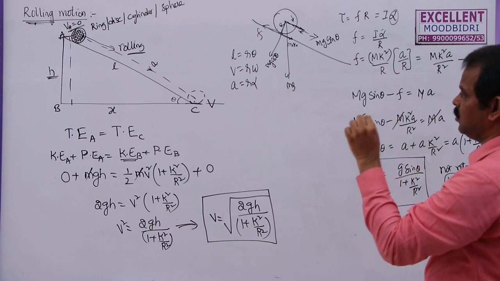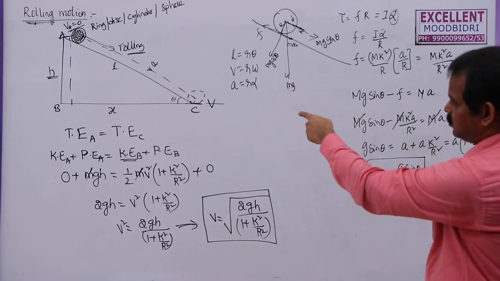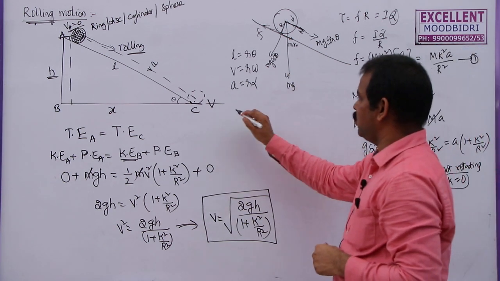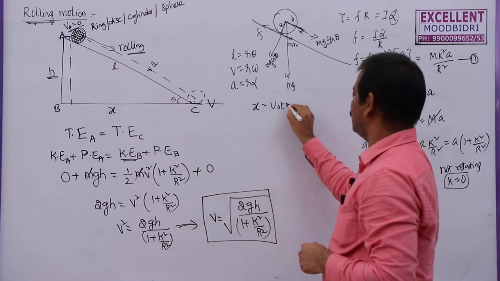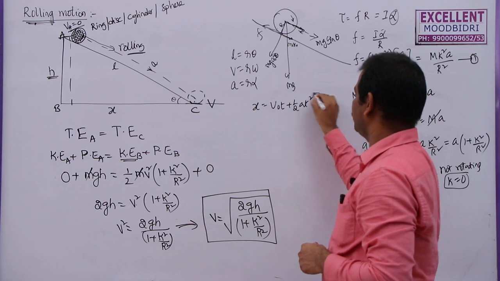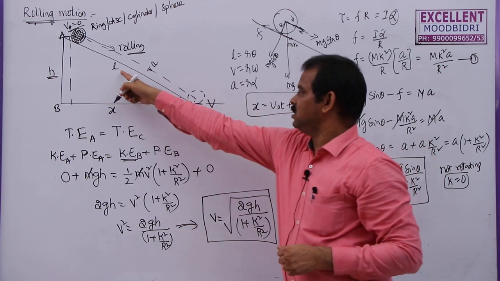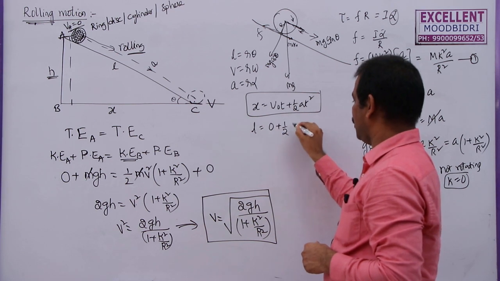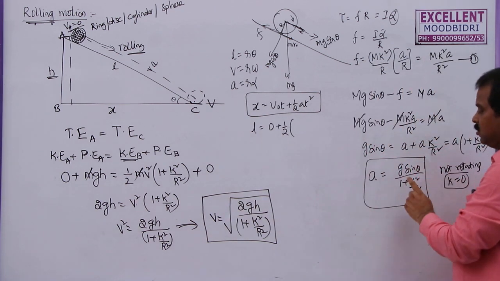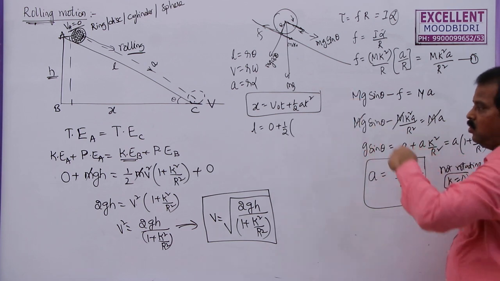Similarly, how much time will it take for this body to reach the bottom? For this I am going to write the distance travelled formula, x is equal to v naught t plus half a t square. But what is x here? L is equal to initial velocity 0, plus half into the acceleration. We have to write this formula because it is a rolling body.